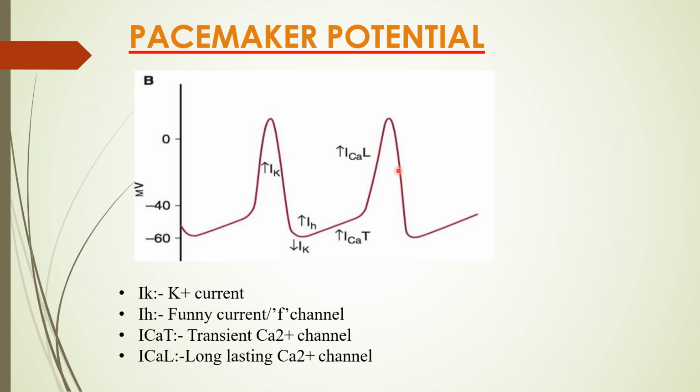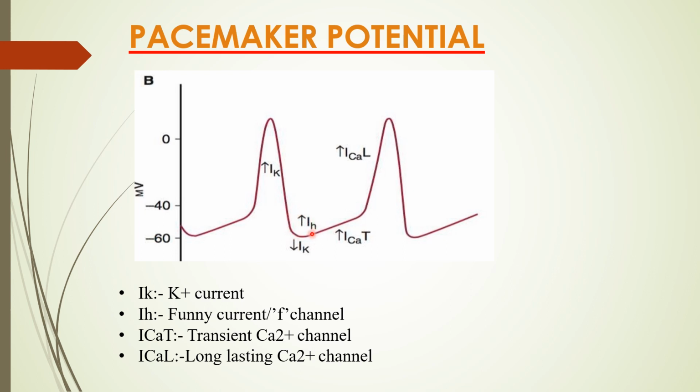That is, the voltage will fall to minus 55 to minus 60. Okay, so the reason for depolarization is long lasting calcium channels, and reason for repolarization is closure of calcium and opening of potassium channels.